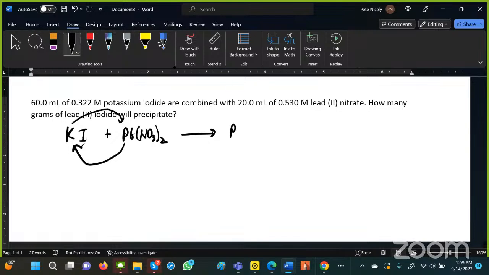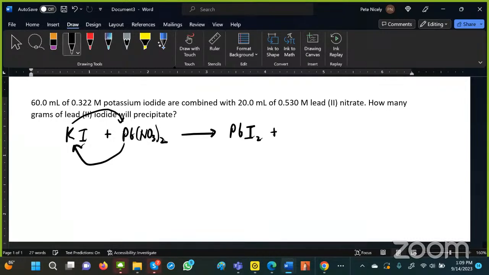So the cations will switch, right? Lead iodide, what will be the formula for it? Actually, it will be lead(II) iodide. So what will be the formula for lead(II) iodide? PbI2, very good. Her memory is coming back.